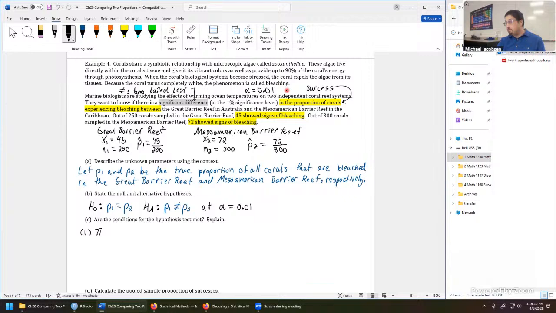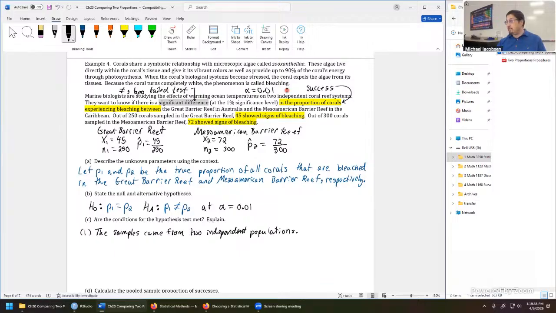We can say the samples came from two independent populations.